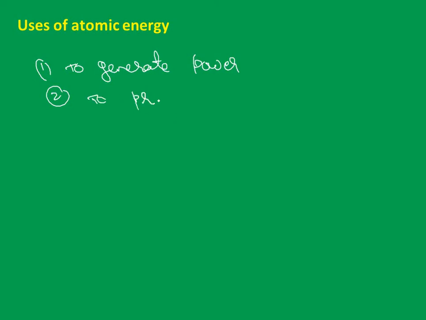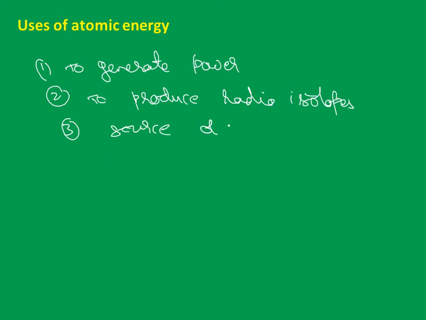And they will also be used as a source of neutrons, because neutrons are very important for us in research and in the branches of various sciences. Nuclear reactors and atomic energy can be utilized as a source of neutrons. That's it, right? Each and every reaction gives 2 to 3 neutrons, and can be used to produce artificial lakes.